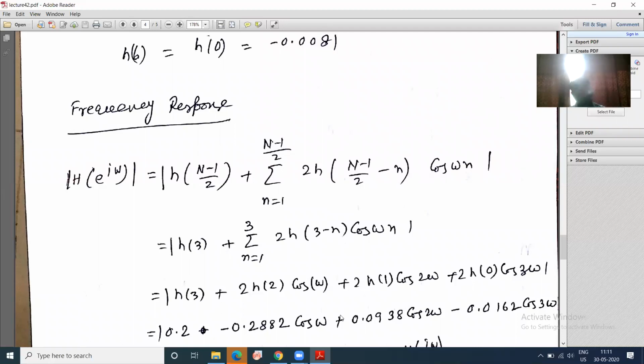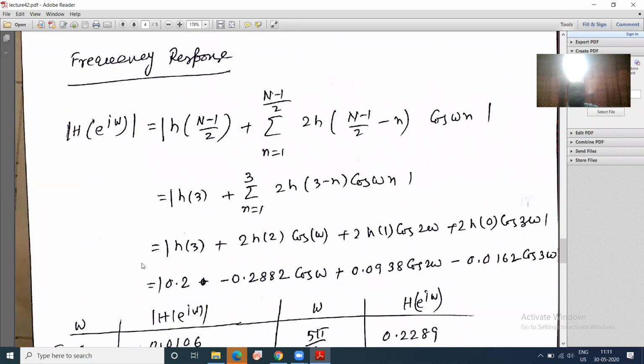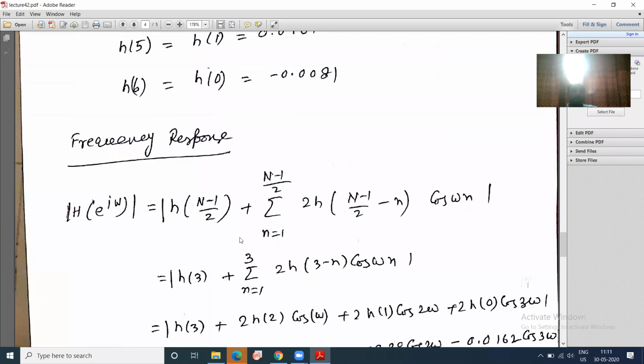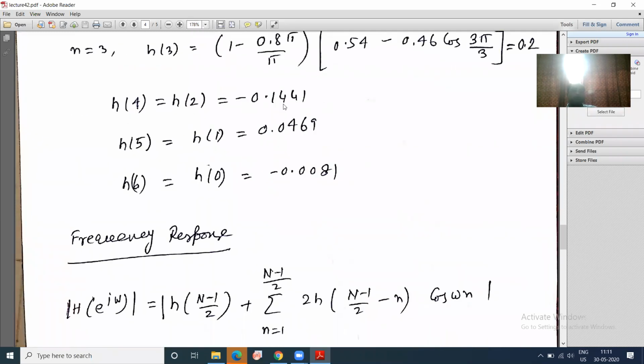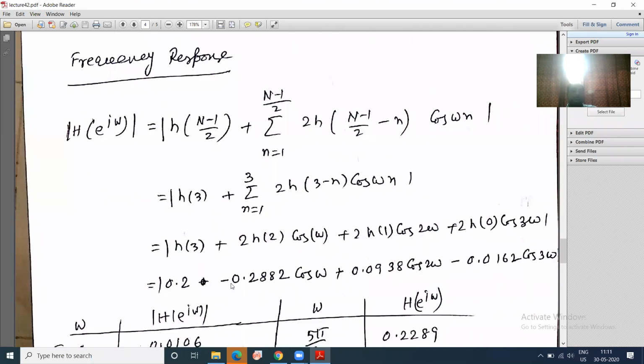Now again, as I said in the last class, if you take the coefficient index and the coefficient of omega, the index 2 gives 3, the index 1 gives 2, the index 0 gives 3. Now, if I substitute the values, 2h2 becomes minus 0.2882 cos ω.